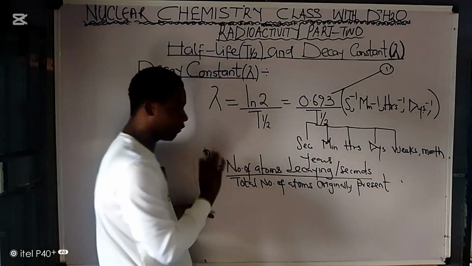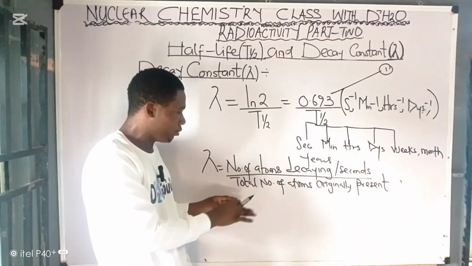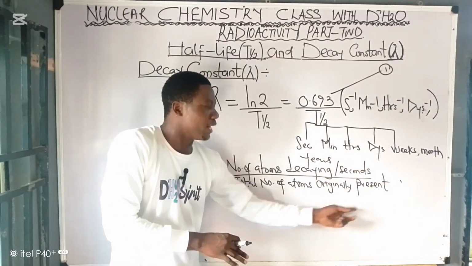So take note of this important formula. Number of atoms decaying per second over number of atoms originally present.